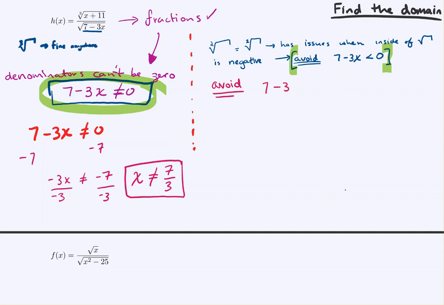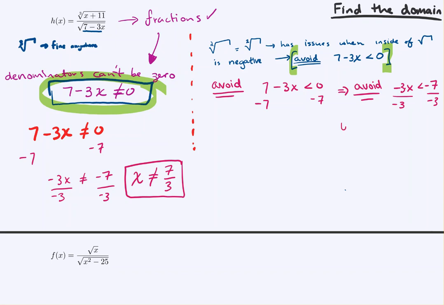when 7 minus 3x is less than 0. Solving this, we could subtract 7 from both sides. We need to avoid when we've got negative 3x is less than negative 7. Now we're going to need to solve for x, so we're going to need to undo this multiplication. So we're going to divide both sides by negative 3.